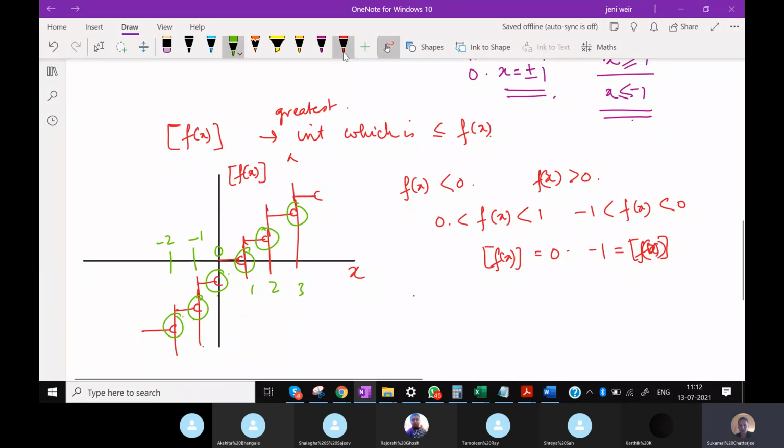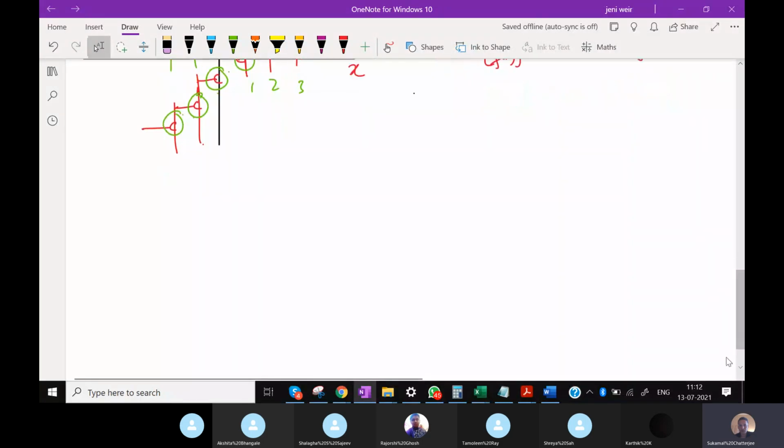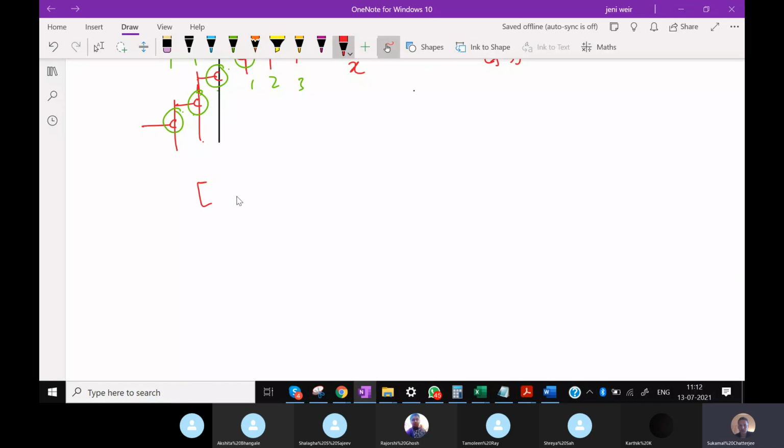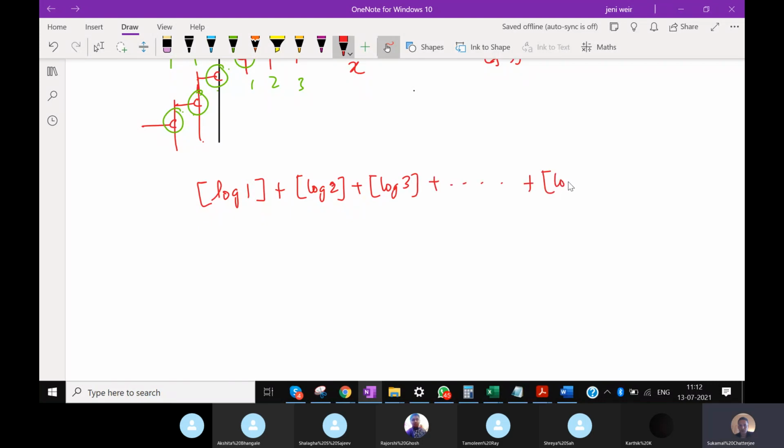Right? Now, there can be several questions based on this. One of the questions is: if box of log 1 plus box of log 2 plus box of log 3, etc., up to box of log n is equal to n, find the value of n.